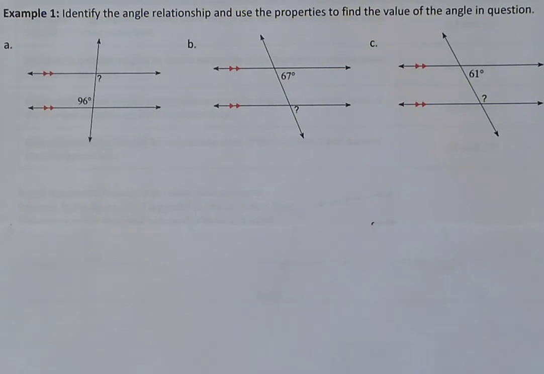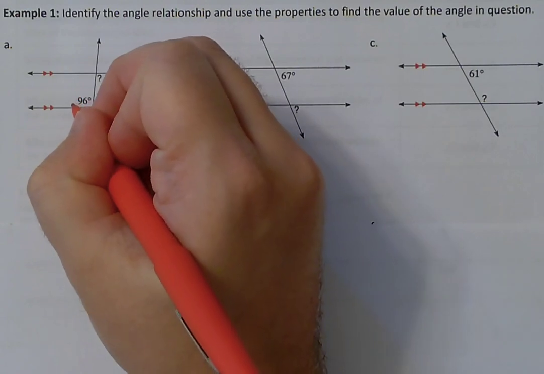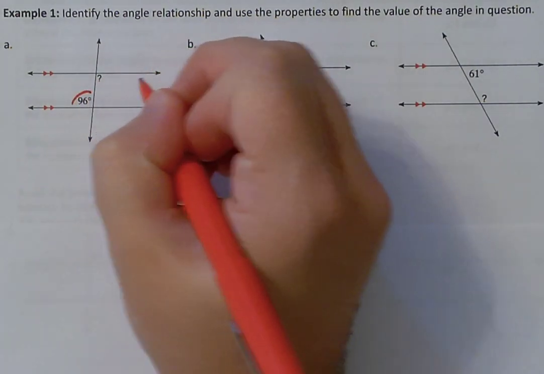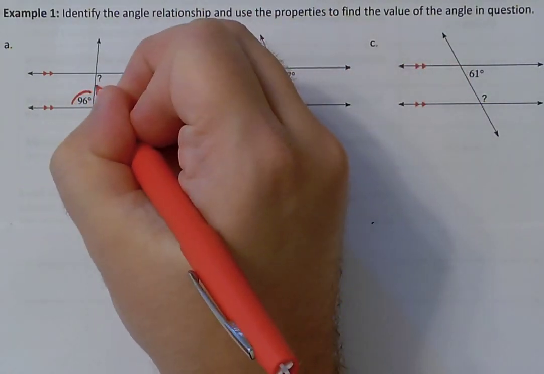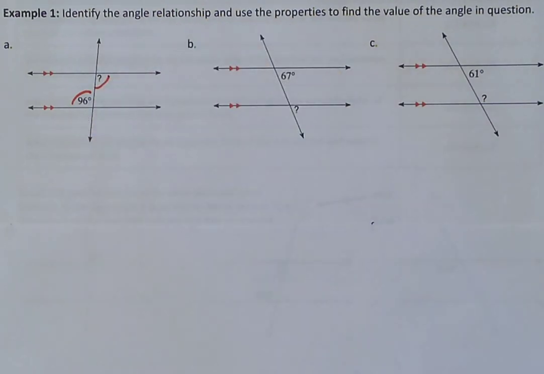So if we look at example 1a, we're dealing with this angle right here, 96, and then the question mark angle right here. So what is the measure of that missing angle? Let's first identify the angle relationship.